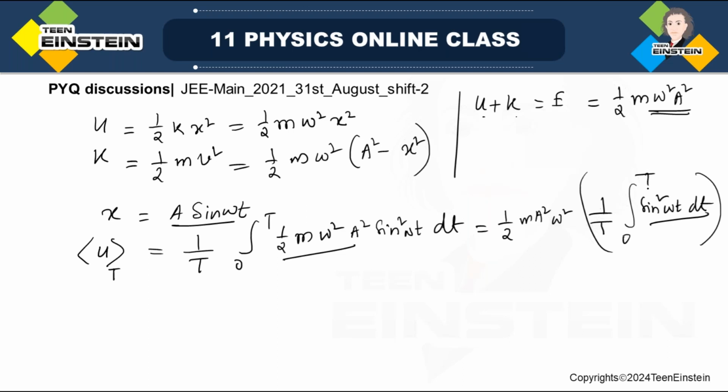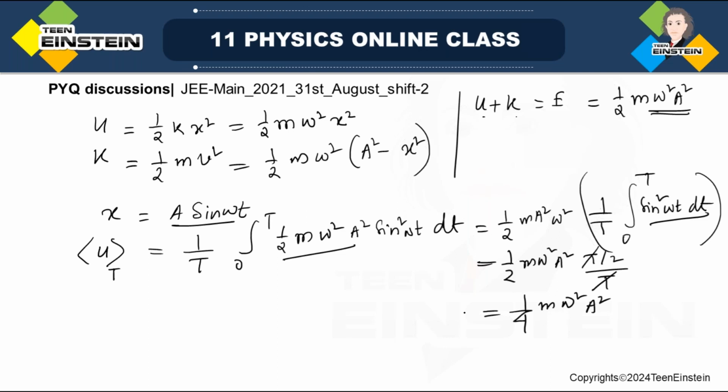So half m omega square a square, and the upper limit by 2 is T by 2, and T is in the denominator, so T will cancel. Finally, what you get is 1/4 m omega square a square. So this quantity I am getting.